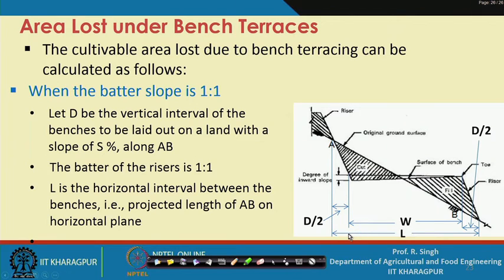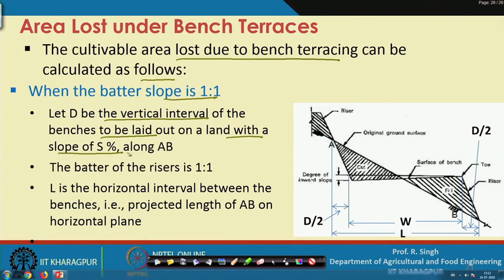Now, coming to area lost under bench terrace, the cultivated area lost due to bench terracing can be calculated as follows. When the batter slope is 1:1, let us say that D is the vertical interval of the benches to be laid out on a land with a slope of s% along AB.